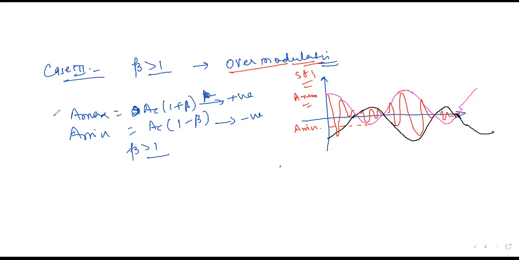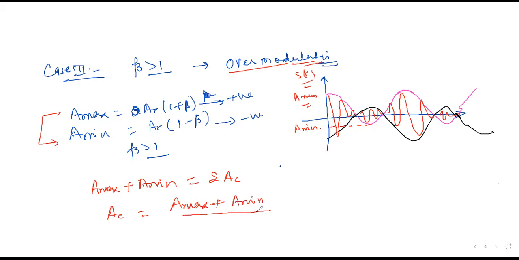Now, by using this equation, A max plus A min is equal to twice of AC. So AC can be written as A max plus A min divided by 2.